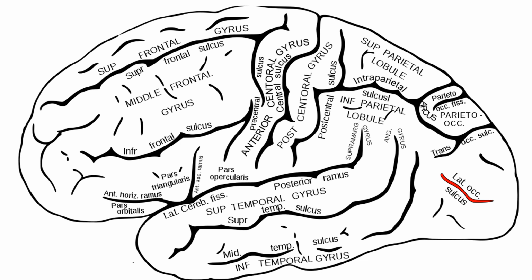Now, coming to the temporal lobe, the two sulci that run parallel to the posterior ramus of the lateral sulcus are termed the superior and inferior temporal sulci. These divide the temporal lobe into superior, middle and inferior temporal gyri.